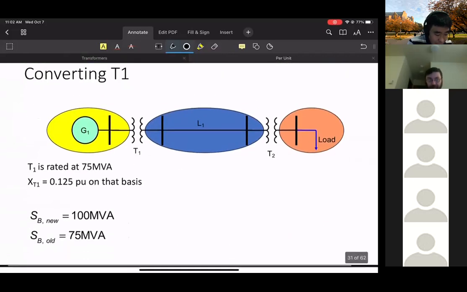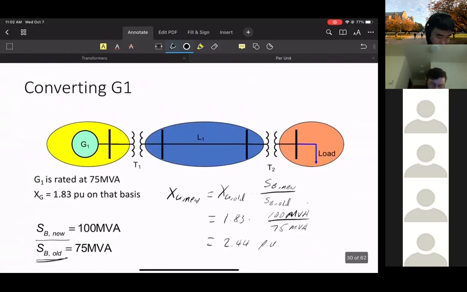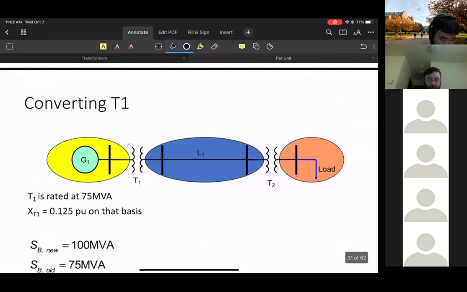Okay, so let's look at T1. We converted G1 already. Now let's look at T1 with this transformer. What happens in the transformer? Well, we have a series impedance, T1 on this basis. So let's convert this to the new base. What we have is XT1 new.